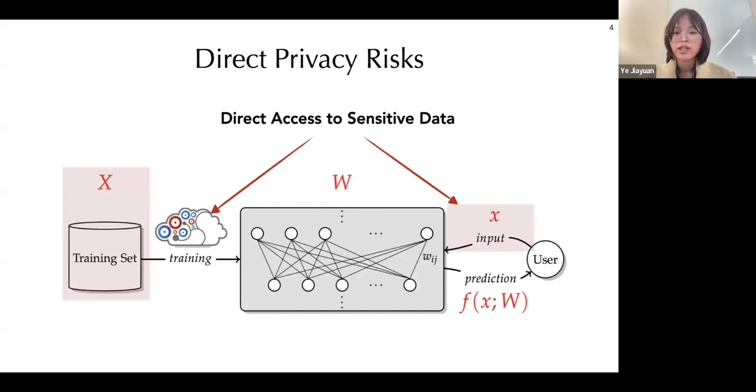All these regulations constrain direct privacy risks that take place in the data collection phase as input for the training, or in the inference phase as input to the prediction API. So they constrain these data from being directly accessed by malicious parties.